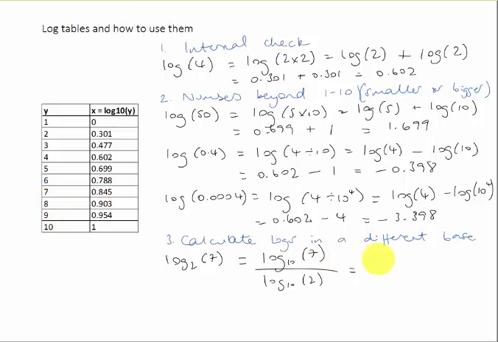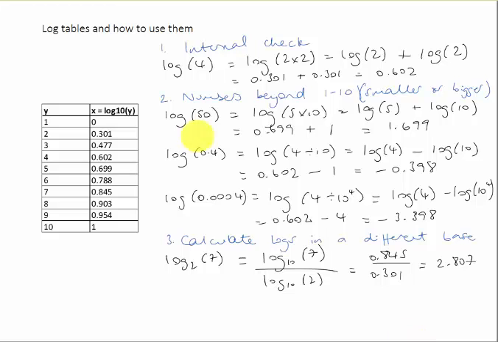Log of 7 is 0.845, log of 2 is 0.301, so we can just divide those, and that is equal to 2.807, which makes sense because 2 squared is 4, 2 cubed is 8, and 7 is in between 4 and 8. So I like that answer, it makes sense to me.